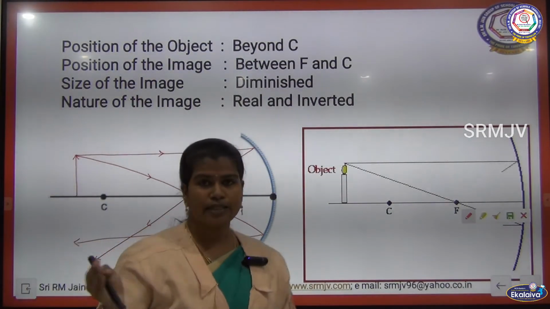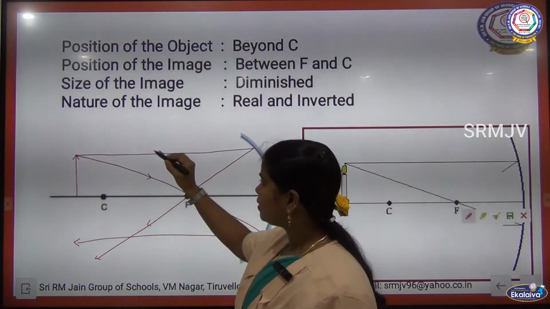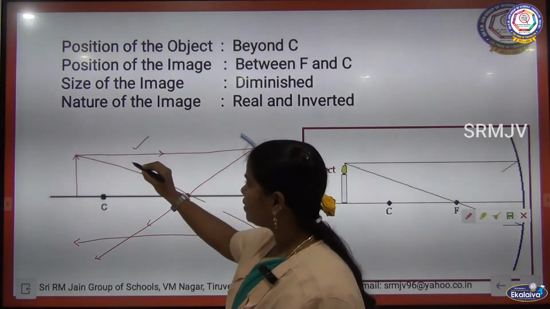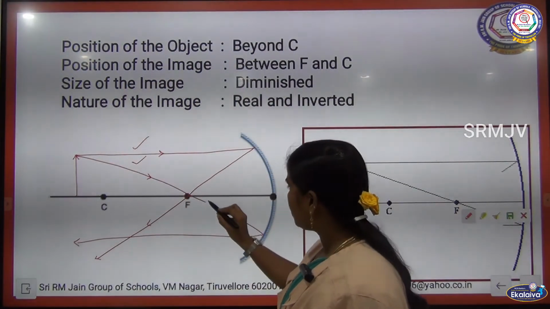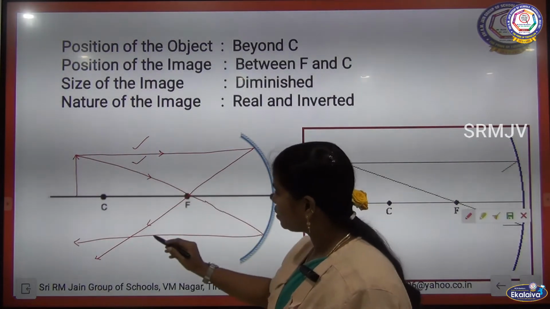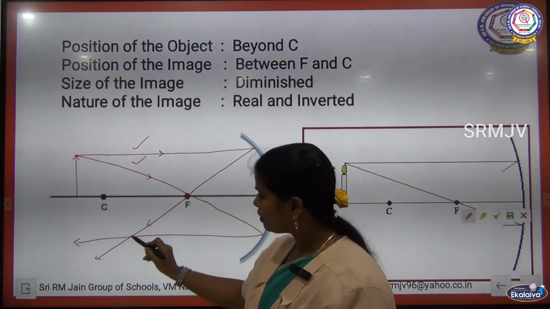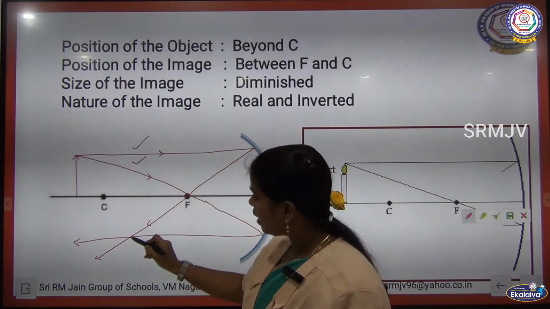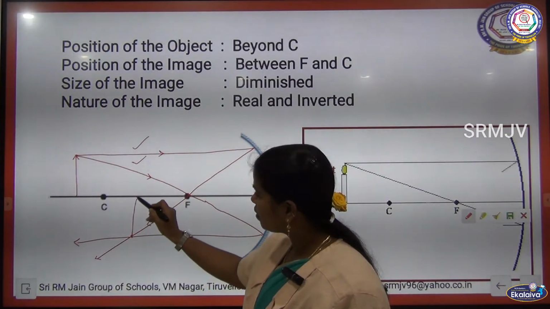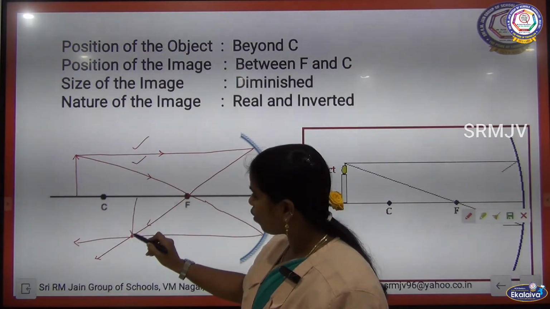In this picture you can see this is an incident ray and this is also an incident ray, and these two are the reflected rays. These two reflected rays meet here, and here the image will be formed.